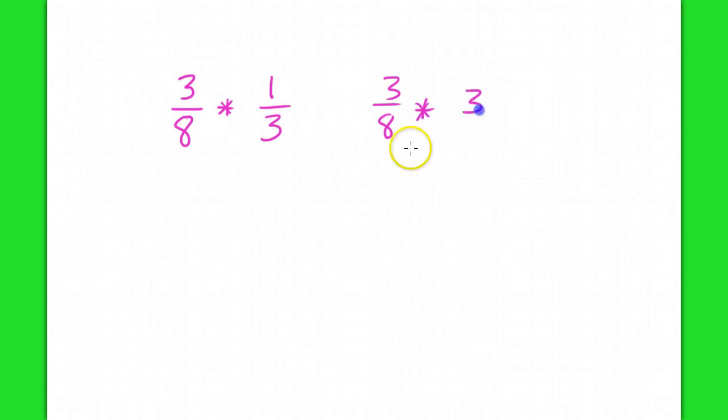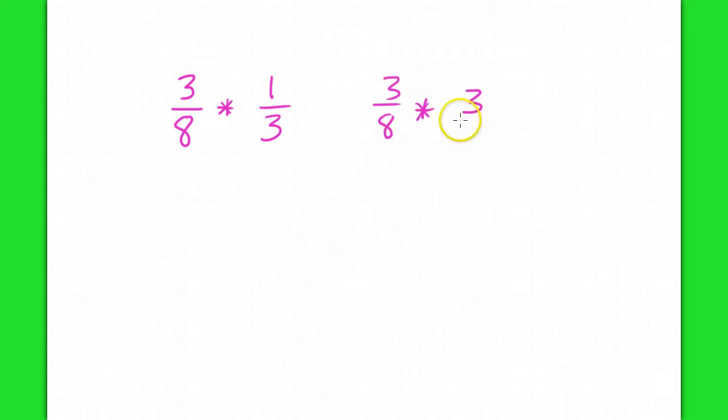So if we have 3/8 and we multiply by, let's say, 1/3. Well, let's do it. Let's do 3/8 multiplied by 3.